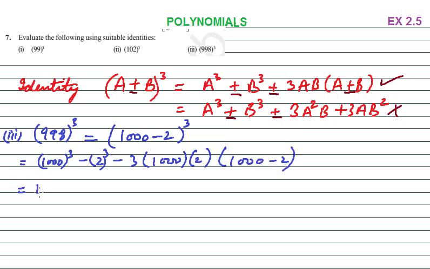So 1000 into 1000 into 1000 is 1 followed by 3 times 3 zeros. 2 into 2 into 2 is 8, 3 into 2 is 6, 6 into 1000 is 6000, and this is 1000 minus 2. Although I can write 998 here, I'm still not going to write that.